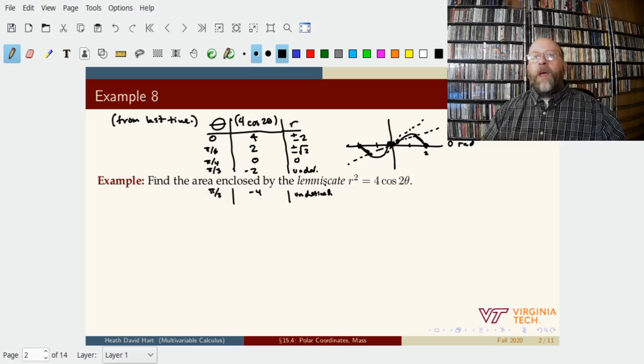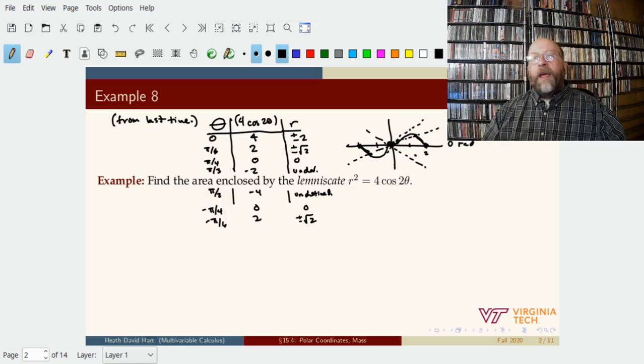And if we go down to angles like -pi over 4, then we get back to 0 again. That is, at an angle of -pi over 4, the radius is 0. At negative pi over 6, the radius is 2. 4 cosine 2 theta is 2, and so this is plus or minus root 2.